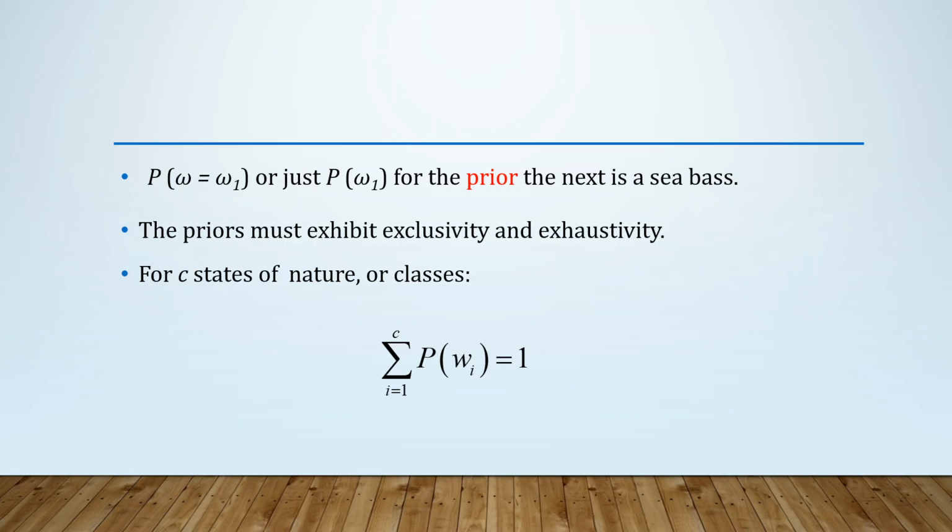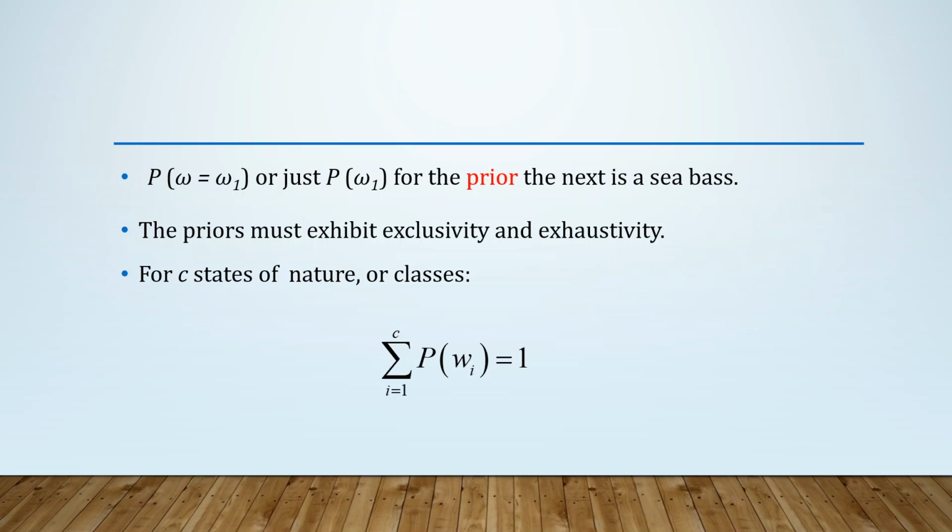The priors must exhibit exclusivity and exhaustivity. What is that? If one fish belongs to one particular class, it cannot belong to another class. That is exclusivity and exhaustivity. Suppose we have C states of nature or classes.